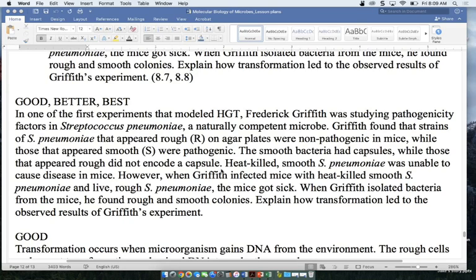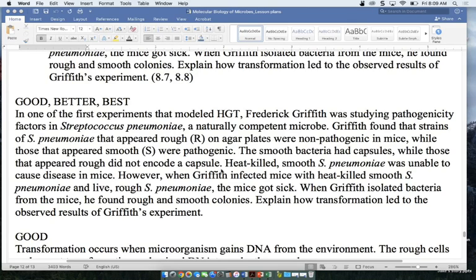What else is true about transformation? After that DNA has come in, what has to happen? Recombination. And recombination requires what between the piece of DNA that's coming in and the genome? Homology, or similarity in the sequence somewhere.